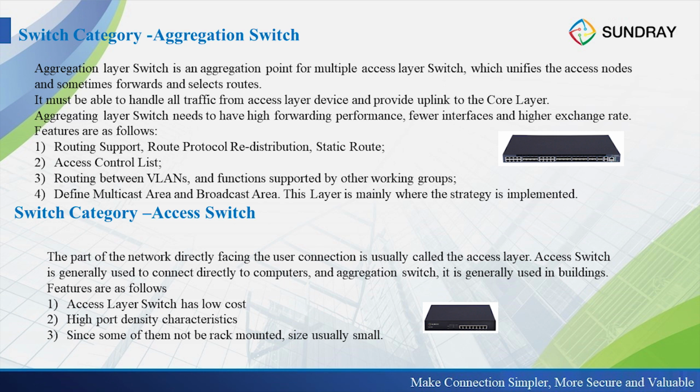So the features are as follows. First, the aggregation layer needs to help choose the route, right? So it needs to support routing, route protocol redistribution, static routes, dynamic routes, etc. Also, the aggregation layer switch needs to support access control lists, and routing between VLANs and functions supported by other working groups.